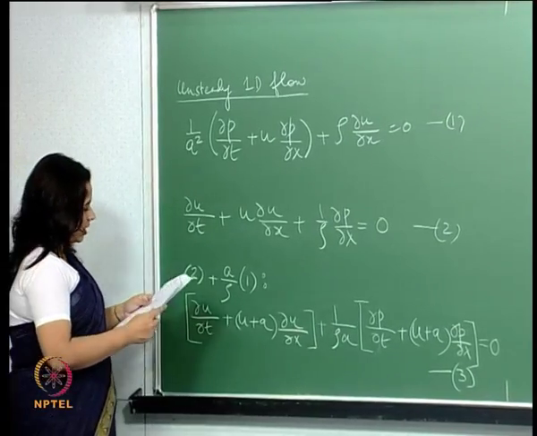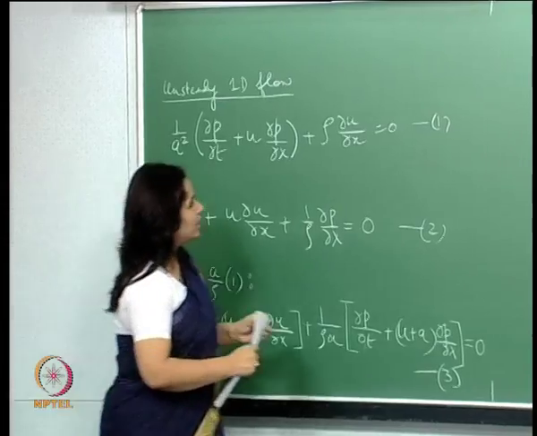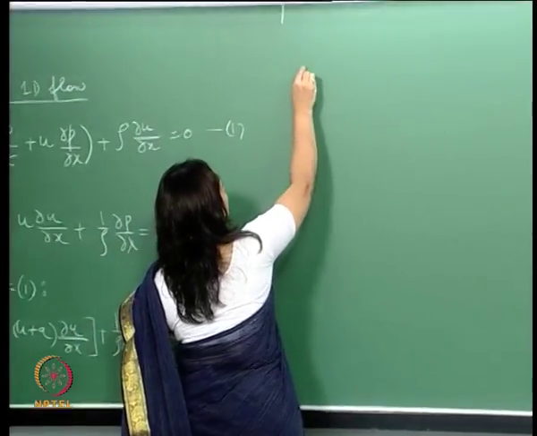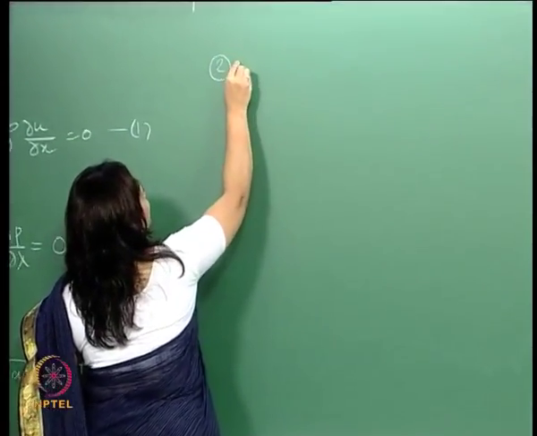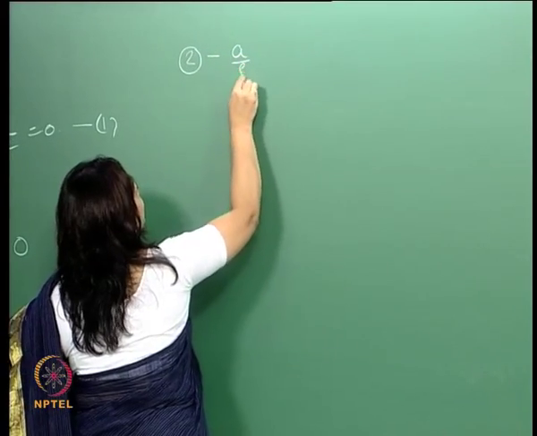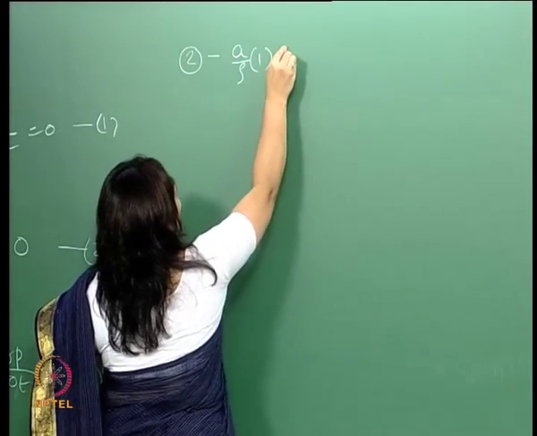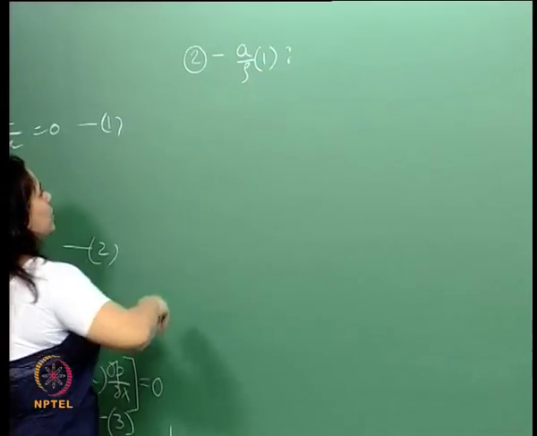Now the next thing is, let us take the second equation and subtract from it this a by rho into the first equation, right?